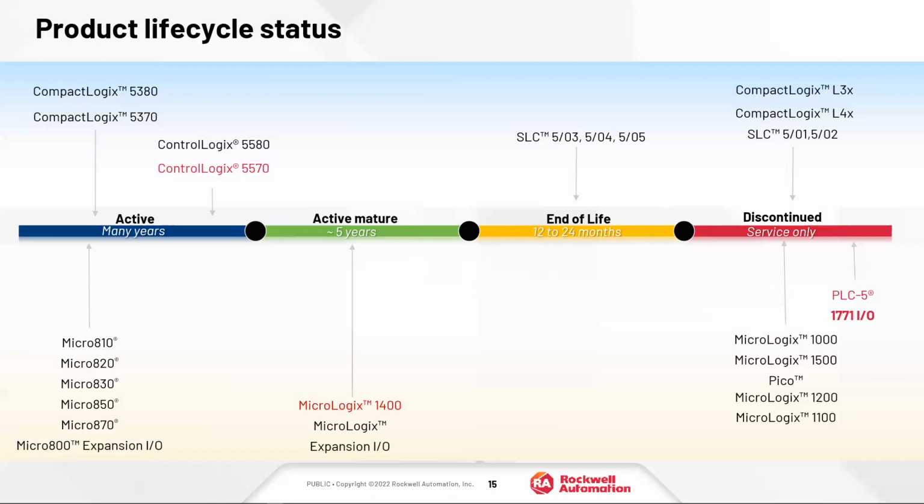And then finally, we get to the discontinued stage, where Rockwell no longer creates new modules or new components for that platform. We'll talk about the specific products in a minute, but you see the description under discontinued is service only.